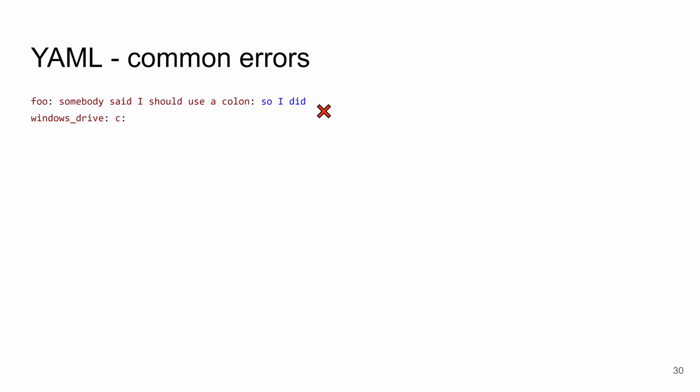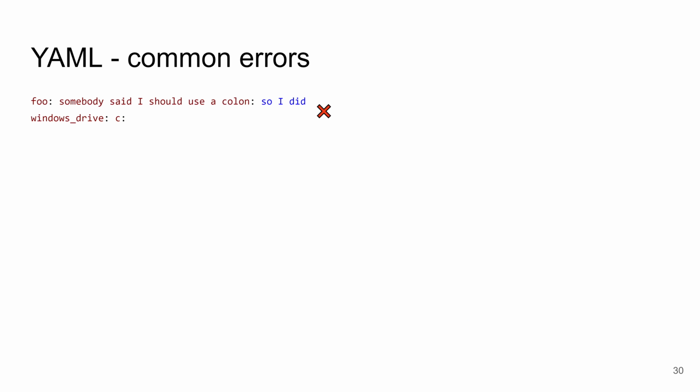Now, there is one common error in YAML, and that is that someone uses the colon character in a value, which is illegal like this, because a colon is a separator between key and value. So the value itself cannot contain a colon like this.